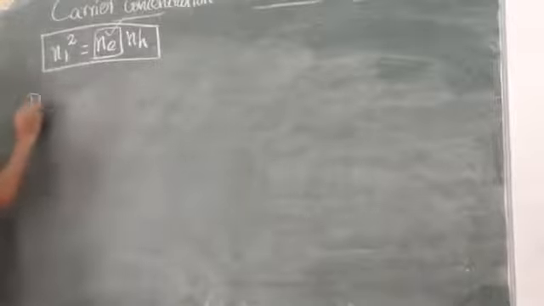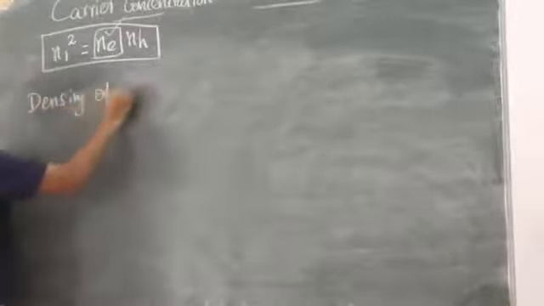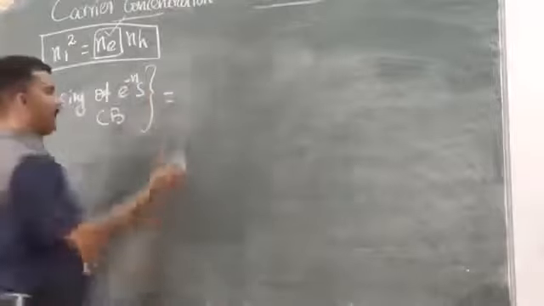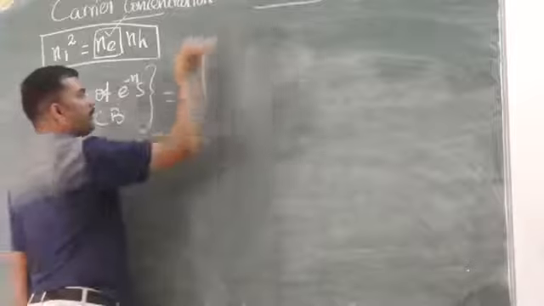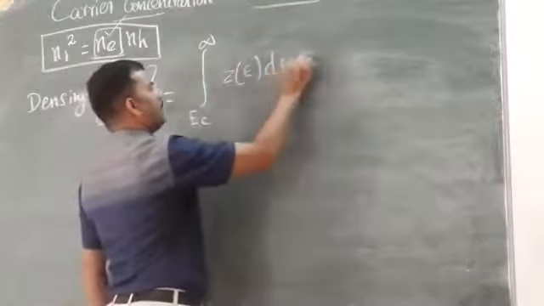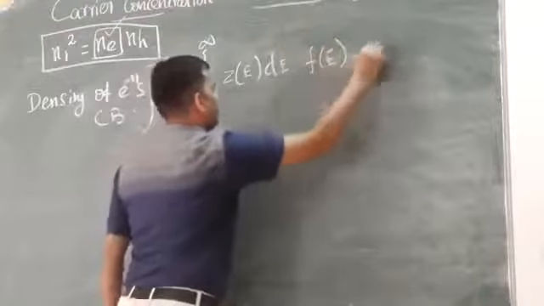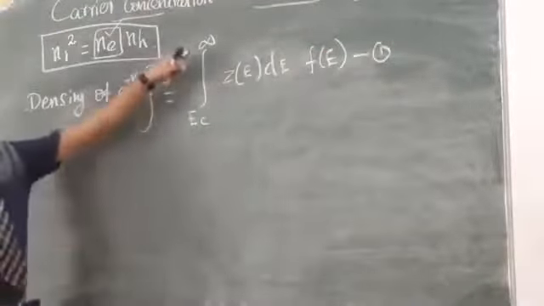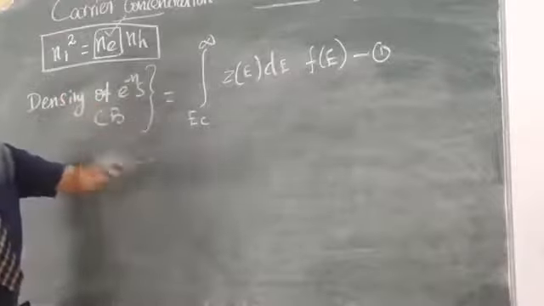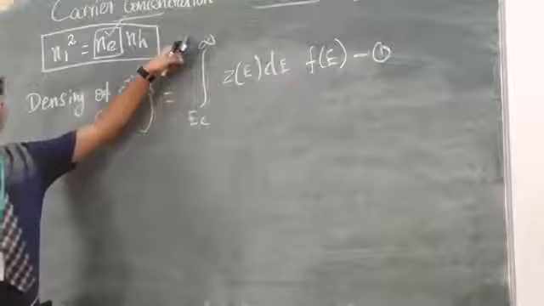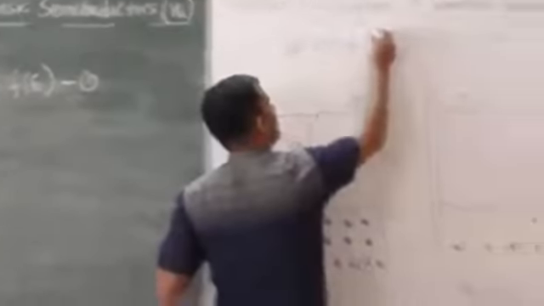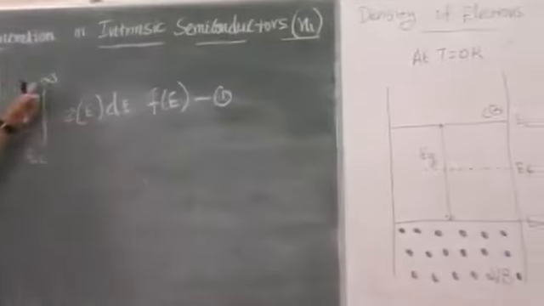So here density of electrons in the conduction band is equal to integral E, conduction band, the energy level value which starts from EC and ends at infinity, which means EC is the minimum energy level and the maximum energy level is up to infinity. That is why we are putting here EC to infinity.